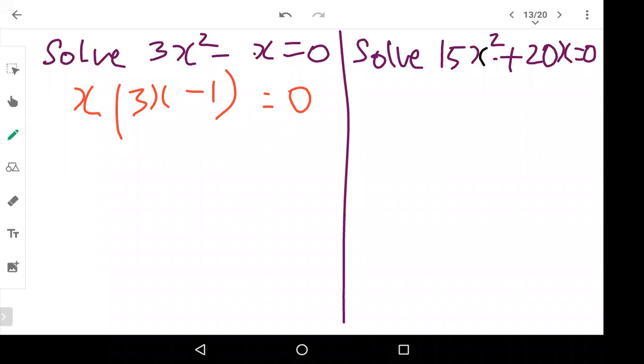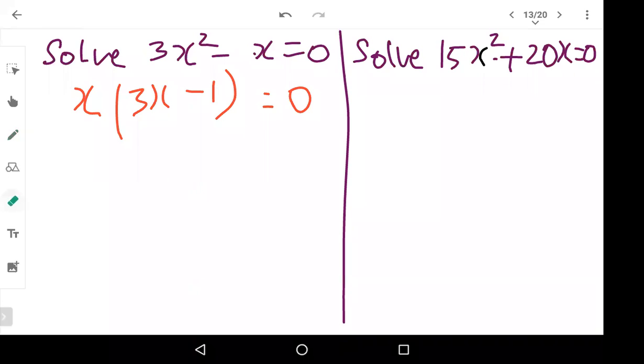Have you solved it like this by taking it common, or did you just take x to the other side? By taking common. Okay. Fine.